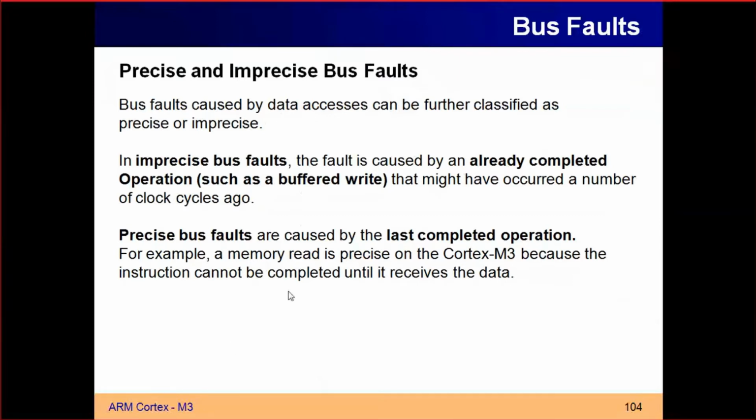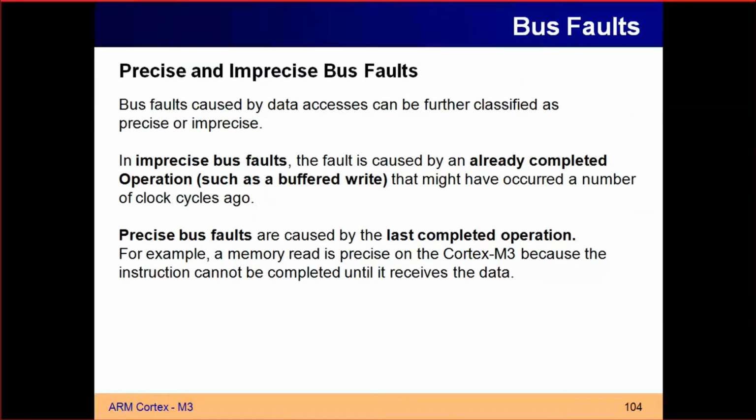For example, a memory read is precise because a memory read will be completed when it receives the data completely. You are trying to read the memory, and that operation will be completed when it receives the data, right? So if some fault has occurred in the memory read, that is classified as a precise fault. It has been caused by the last completed operation.